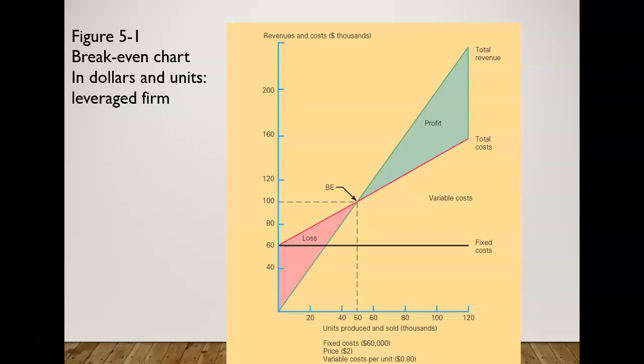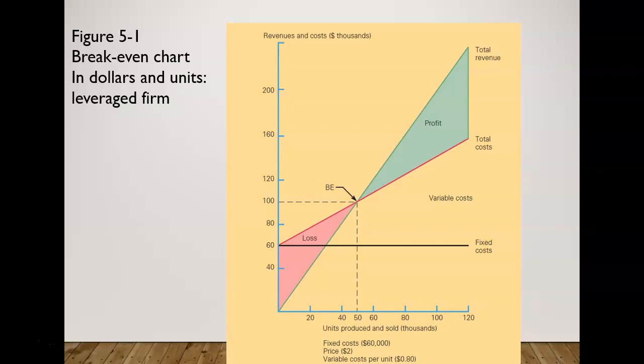On the other hand, break-even in dollars would mean that we'll have to make $100,000 in sales to break even. So break-even can be represented in units or dollars. So if, for example, a question says, how much in dollars is the break-even amount? In this example, it will be $100,000. Or it could ask how many units, and it would be 50,000 units.